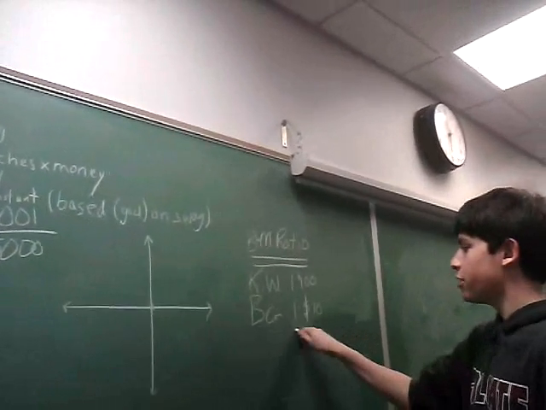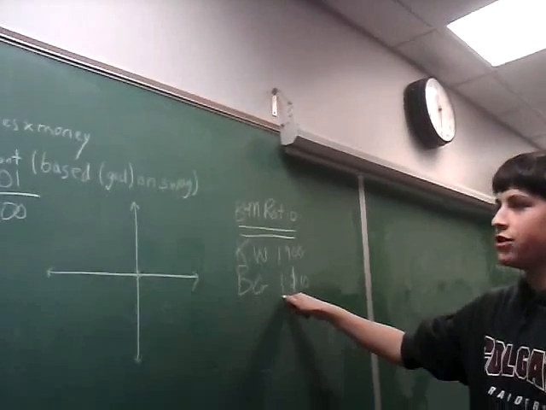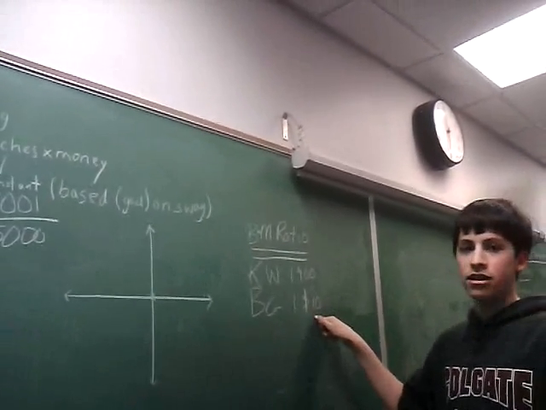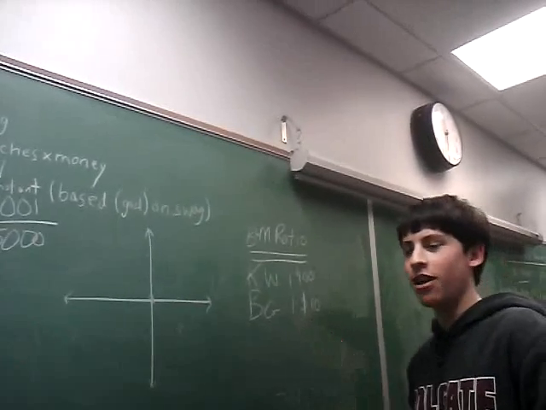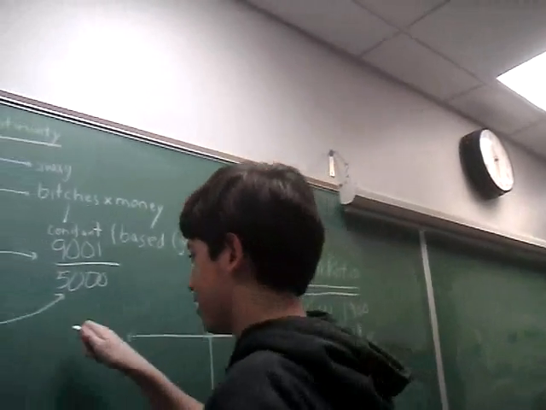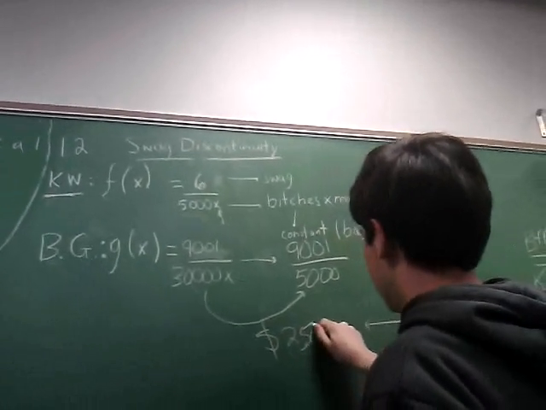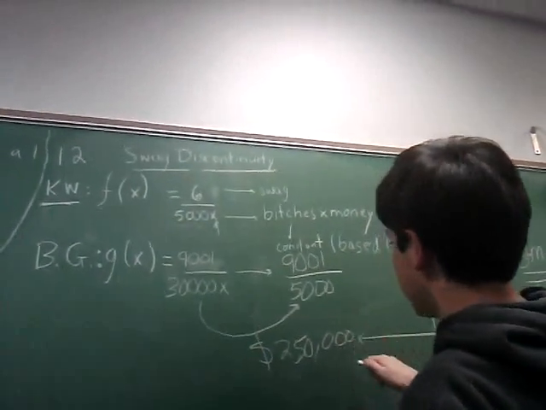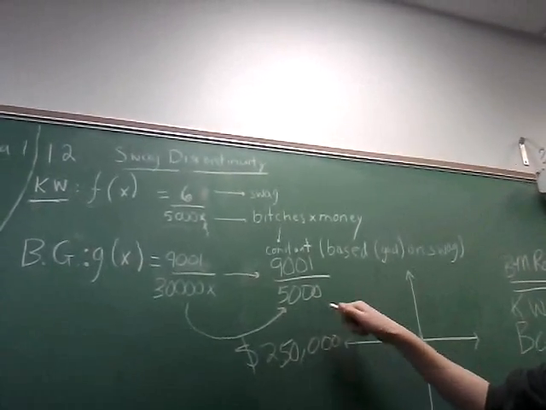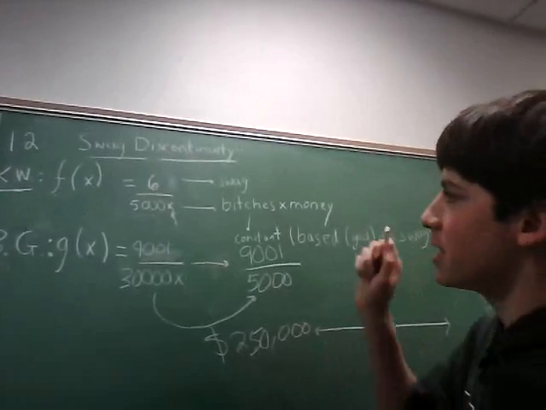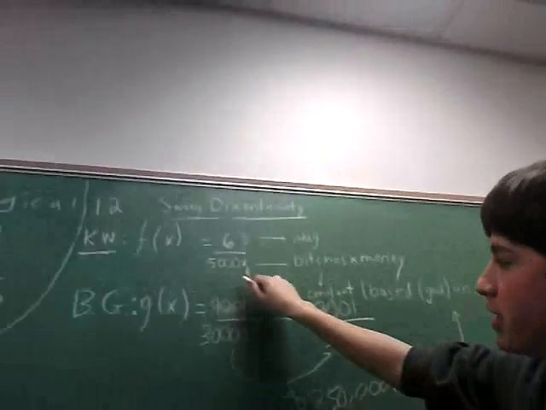So if we change all 25,000 bitches to money, he'll get $250,000. Correct me if I'm wrong. $250,000, while still maintaining 5,000 bitches. And this swag allows him to do that because Kanye only gets 5,000 bitches.